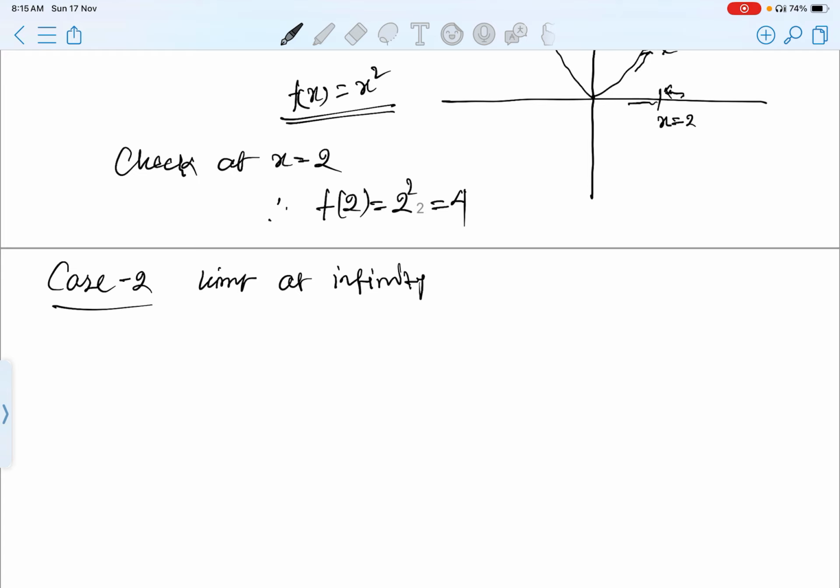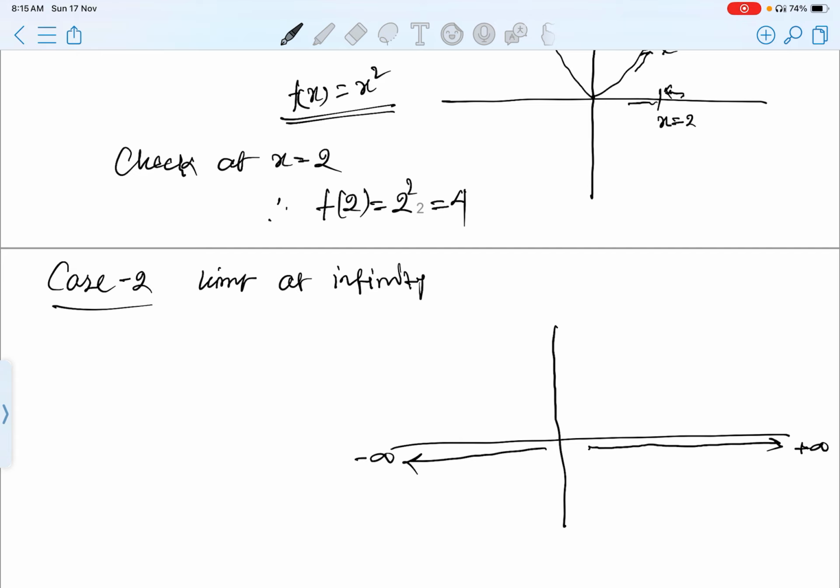The first definition says that we are going to a particular point x equal to a, but in limit at infinity, that means whenever you are going to infinity, either this way, this is positive infinity, or you can go this way also, this is negative infinity. Whenever x is going to infinity, where is the function going? If the function is going to a particular real number, then I can say that the functional limit exists at infinity.